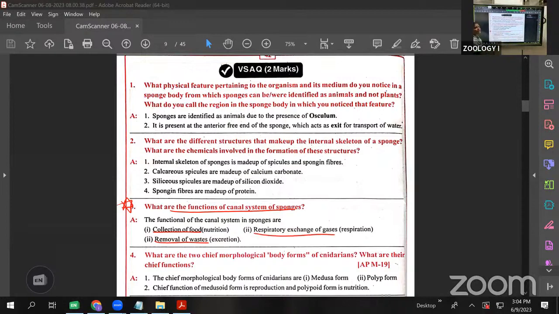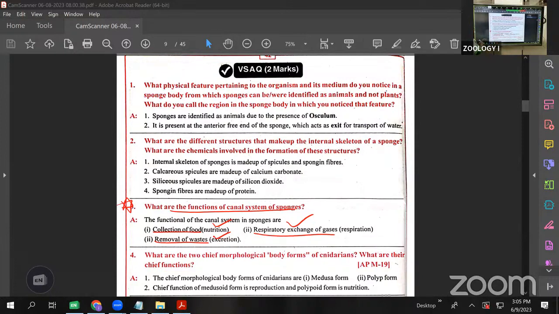It is helpful to the animals in three ways: nutrition, meaning collecting food; excretion, the removal of waste; and the respiratory exchange of gases, meaning respiration. The canal system mainly participates in nutrition, excretion, as well as respiration. It is present inside the sponges. This particular system in sponges we call the canal system.